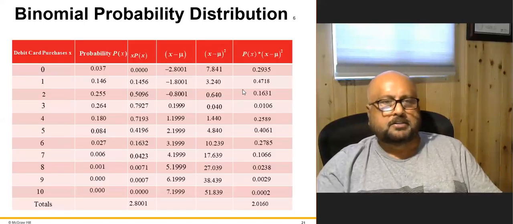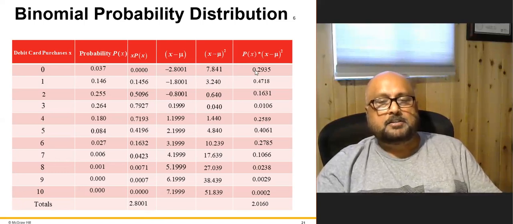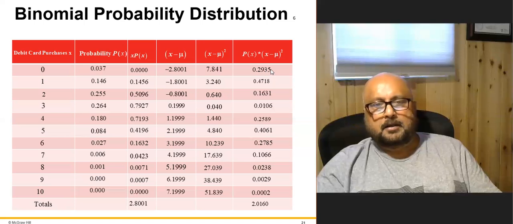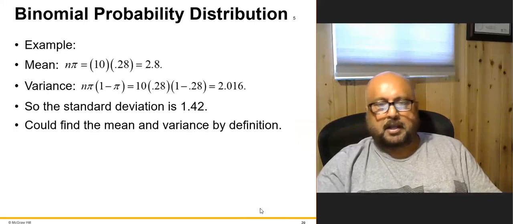If we do it step by step, finding the probabilities for each and taking the product, this is the expected value, the sum of all the products of probability and random variables. But for variance we have to find x minus mu square for each variable, and then add the products for all the variables. Even by doing this lengthy procedure, we still got the same thing, 2.016, as we got with the formula.